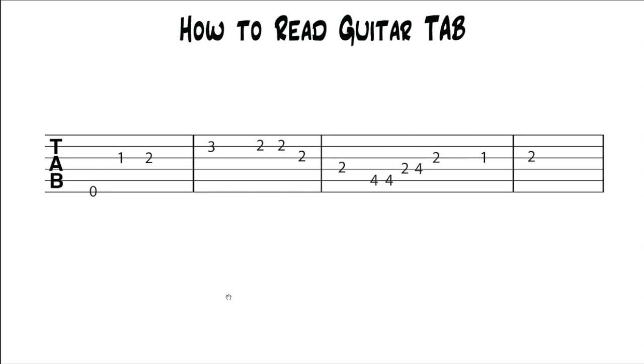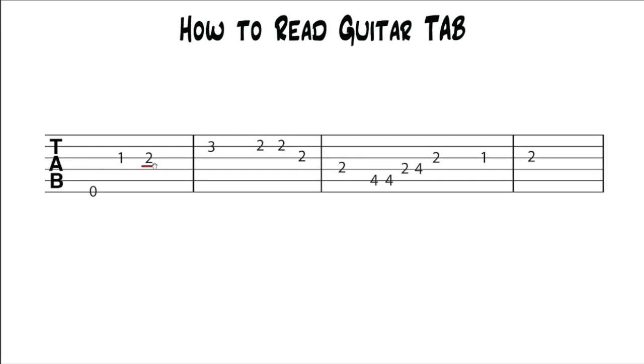So if you look at this first one right here, it's telling you to play the 6th string, and when you see a 0, that means you're not fretting any note. You're just going to play that string open, meaning you're just going to strike it without fretting it anywhere on the fretboard. So in standard tuning, that would be your low E string, so you'd be playing an E note. Right here, that's telling you to fret the note on the 3rd string, 1st fret.